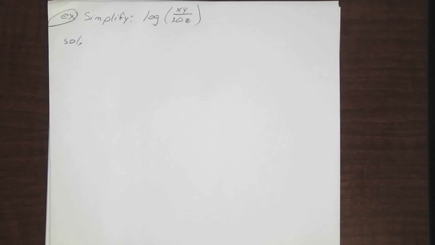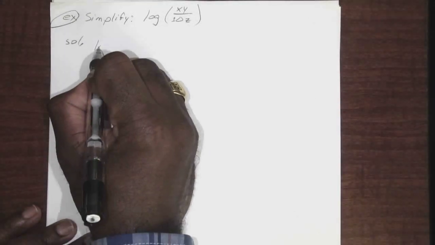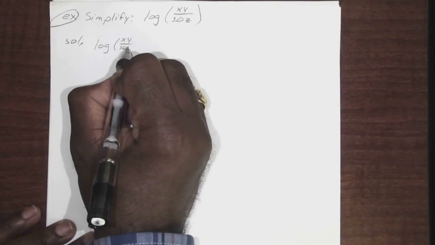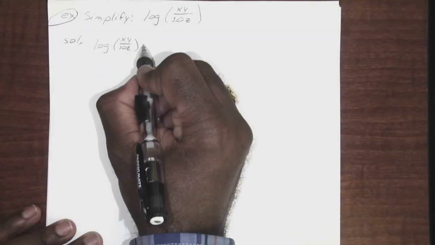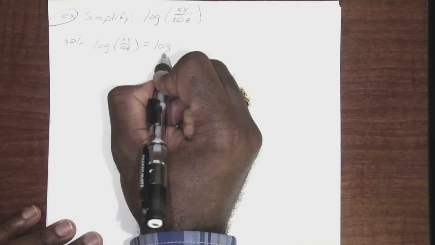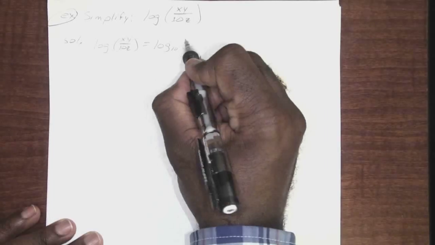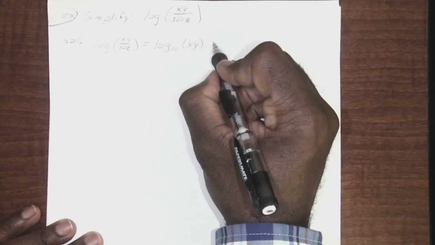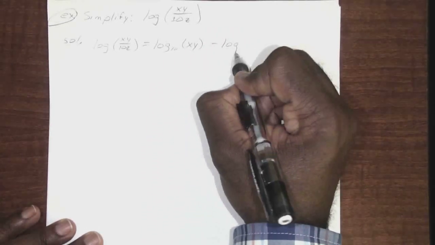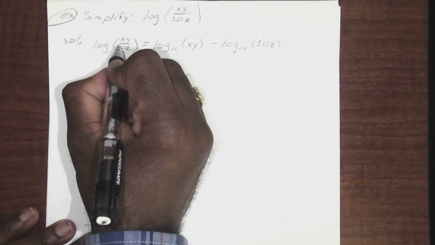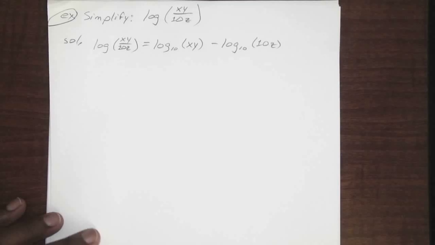We know it's a quotient, so we're going to use the quotient rule. That means log of xy over 10z is just going to become log. Remember, there's no base, so it's log base 10 of xy minus log base 10 of 10z.